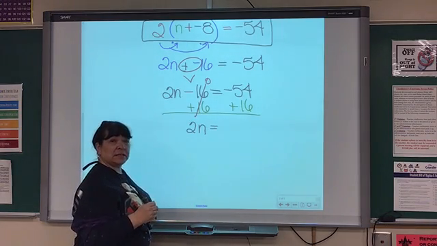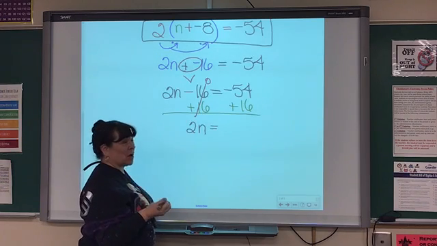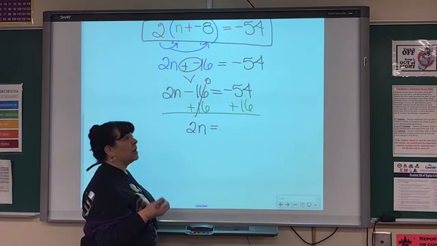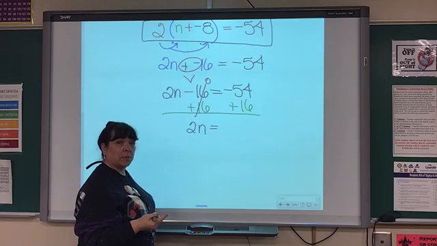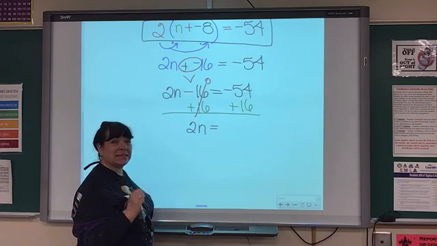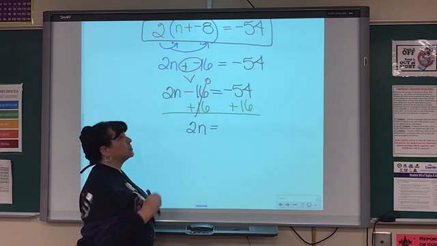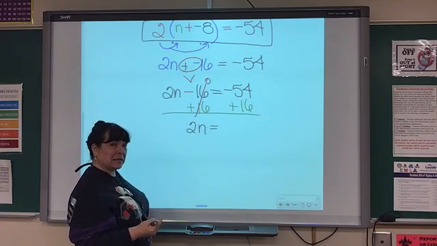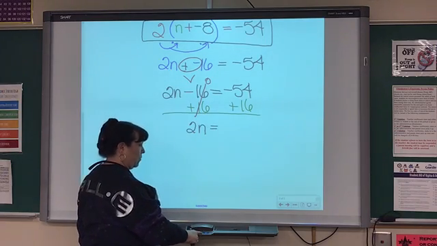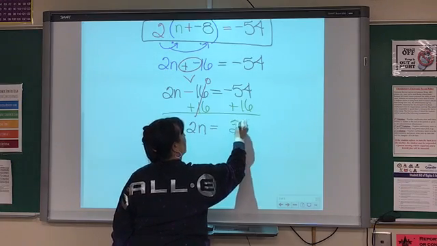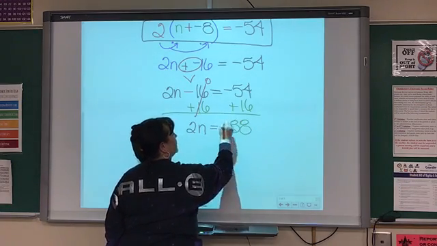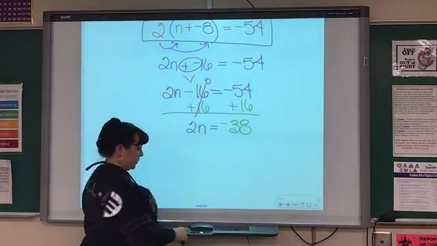They're different signs. Different signs subtract, even though it says add. So I'm actually going to take 16 away from negative 54 because I would have 16 0 pairs. So when I take 16 from negative 54, that's going to give me a difference of 38, and I keep the sign of the bigger number.